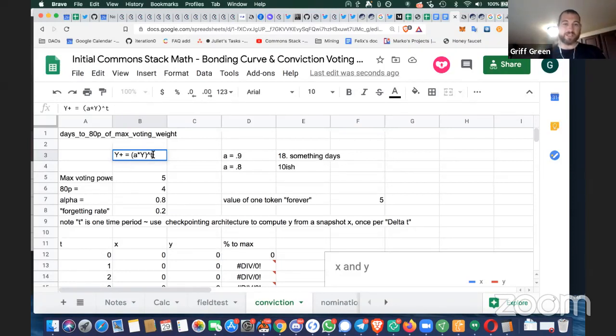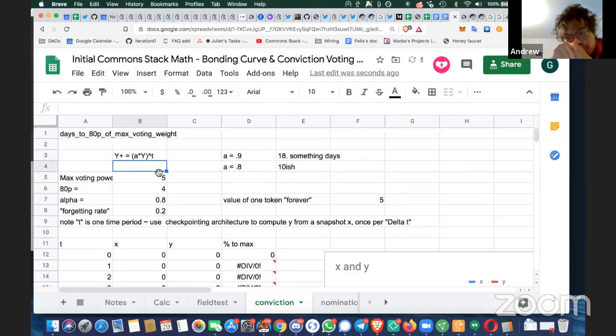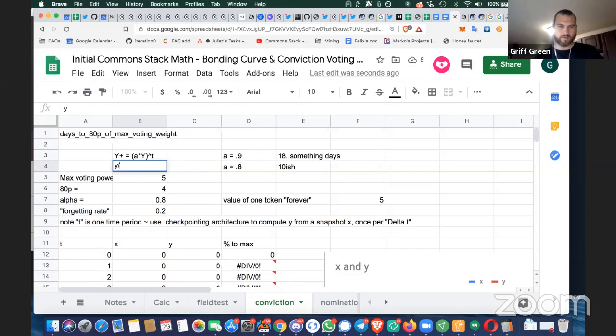And so they're giving us t. And we're saying that y over y plus, is that right? Y over alpha y, so let's see, y plus over this equals 0.8. Is that right?